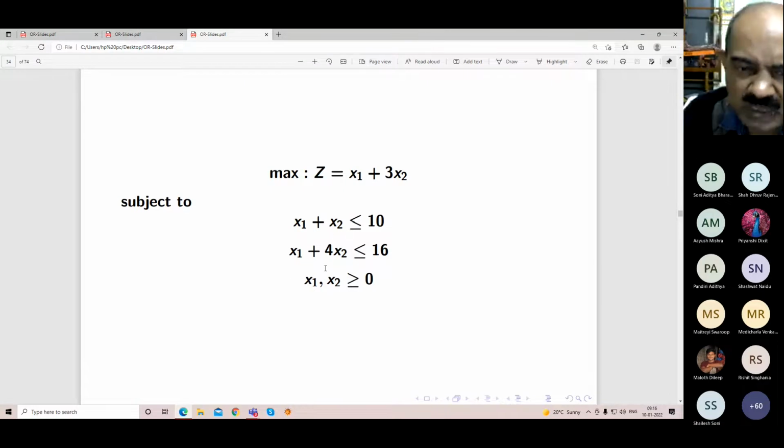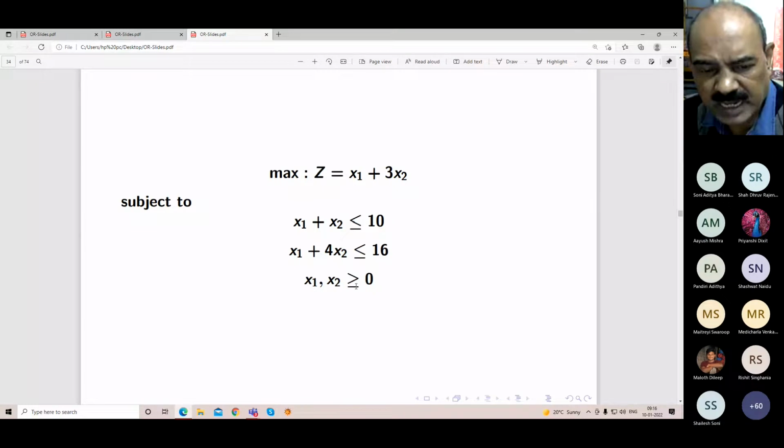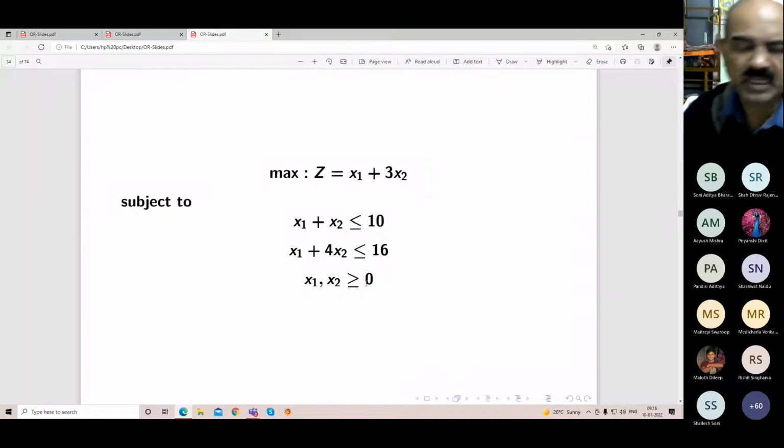I am just solving a linear programming problem. What is the linear programming problem? We would like to maximize this linear objective function z, where z is x1 plus 3x2, subject to x1 plus x2 less than or equal to 10, and x1 plus 4x2 less than or equal to 16, and x1, x2 are non-negative.